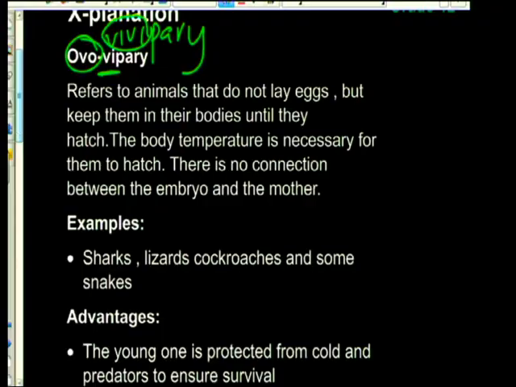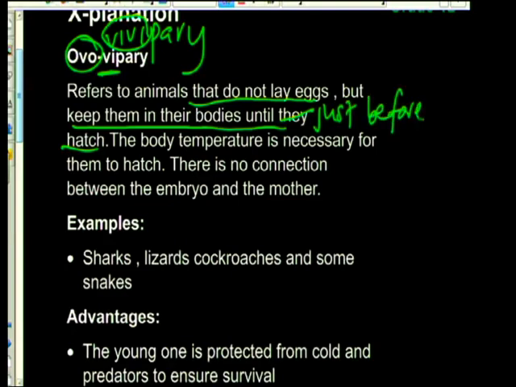They do not lay eggs immediately, but keep them in their bodies until, actually, just before they hatch. Let's understand what I've just corrected there. If we say until they hatch, that means they're hatching inside the body and then laying the eggs.